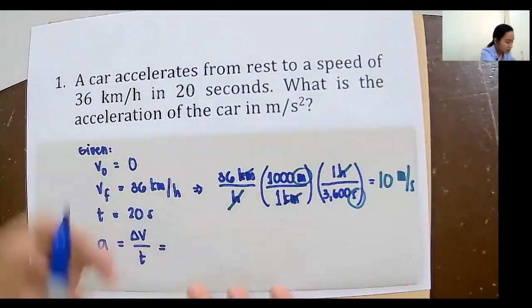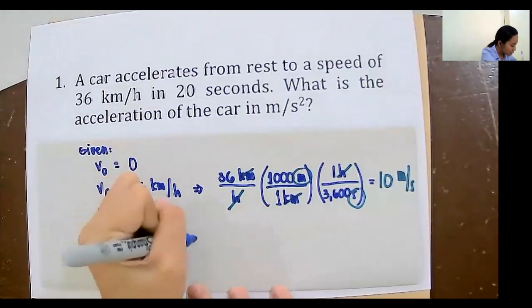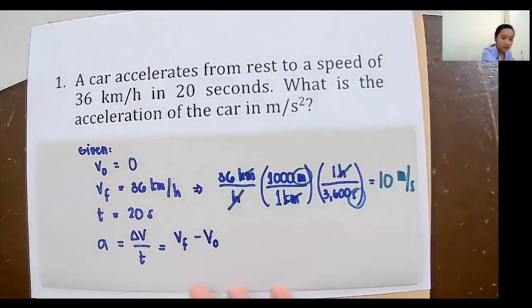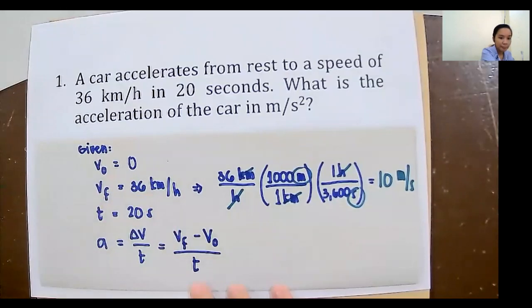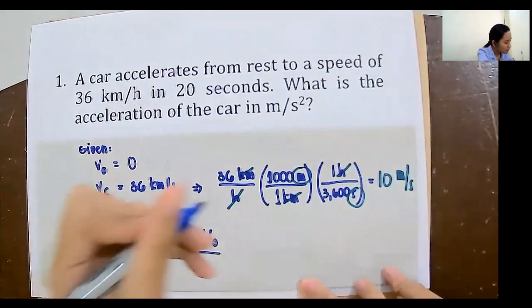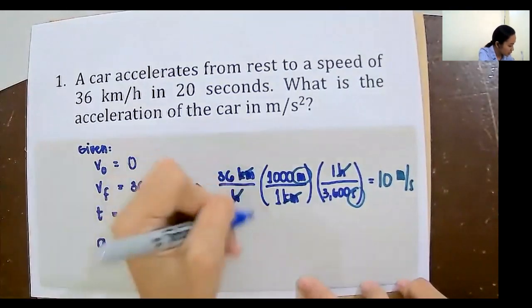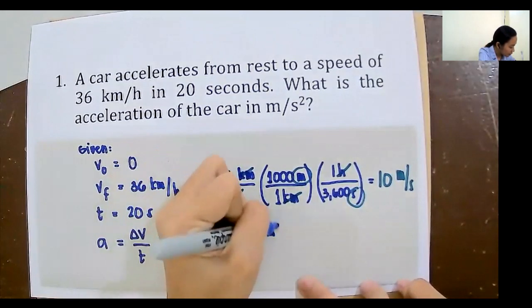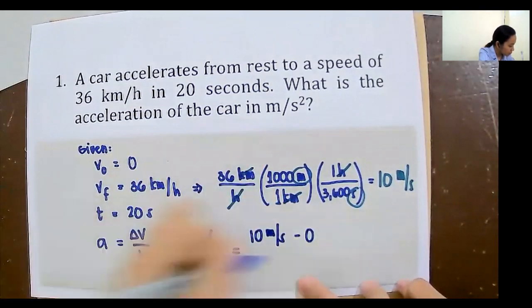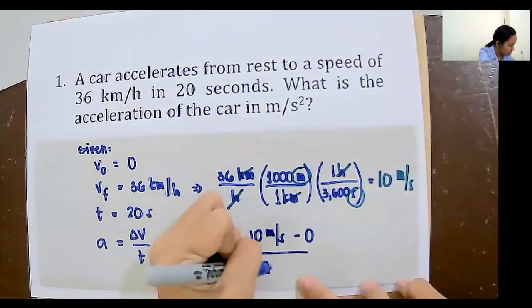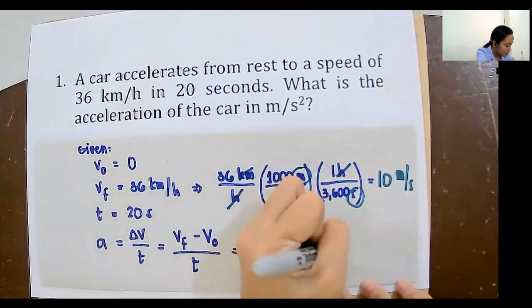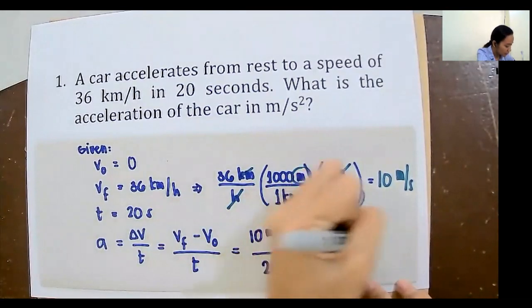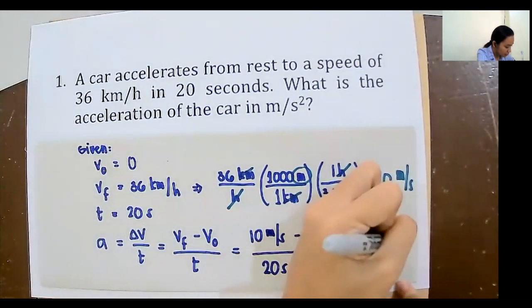So delta v means your final velocity minus your initial velocity over time. Now plug in the values. Your final velocity is 10 minus 0 over 20 seconds. So you will get positive 0.5 meter per second squared.